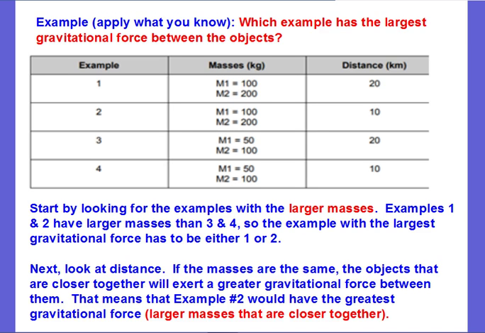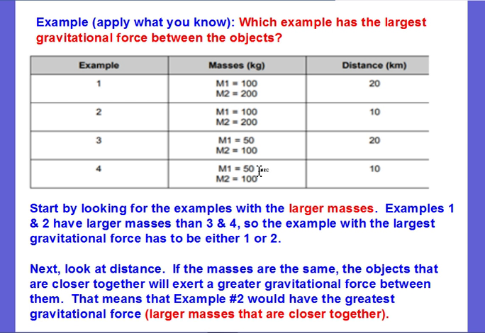Alright, so starting with which example has the largest gravitational force between the objects. Start first by looking at the examples, finding the ones with the larger masses. So when you look here, in all these examples, there's two objects. In this one, object number 1 has a mass of 100 kilograms, object 2 has a mass of 200 kilograms. Here again, object 1 has a mass of 100, object 2 has a mass of 200. In example 3, object 1 has a mass of 50 kilograms, object 2 has a mass of 100.